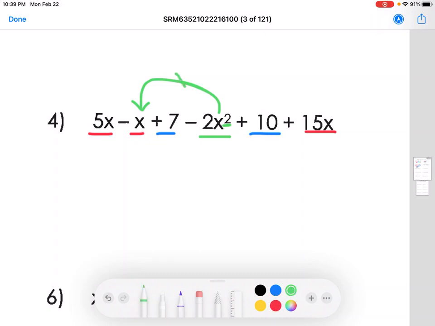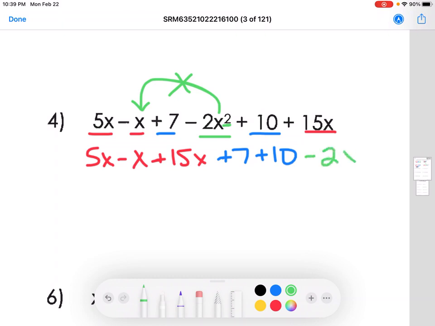So it cannot be combined. So I have 5 times x minus 1 times x plus 15x. And then I have plus 7 plus 10. And then I have minus 2 times x squared.